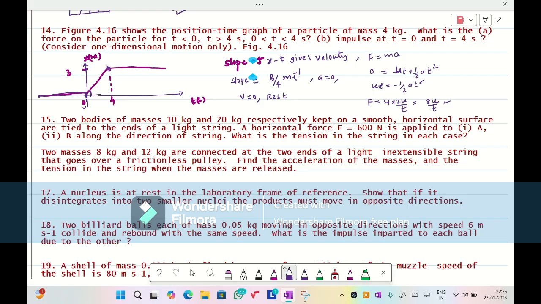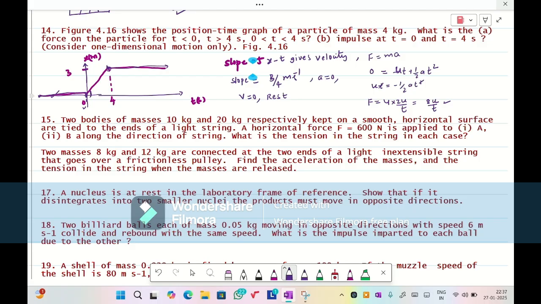T less than 0. Now the force for t greater than 4 seconds. Here, from here to here, there is no force, right? Slope is 0. This consideration is no need. Here slope is 0, that means velocity 0, and velocity 0 means acceleration is also 0.